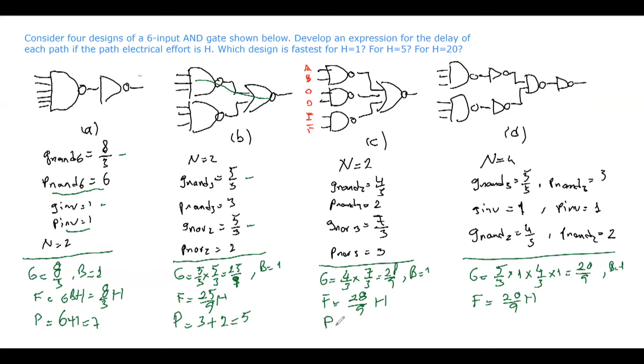And similarly, if I do it for this one, it's going to be 2 plus 3 now, which is 5 again. And for this one, I have 4 stages. For the first stage, it is 3 units. For the second one, it's 1. For the third one, it's the NAND 2, it's 2 units. And for the last one, it's 1. So total of 7 units of parasitic delay.